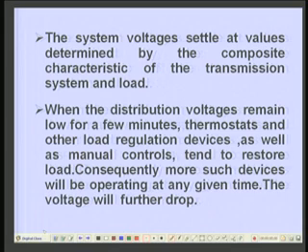The system voltage is settled at values determined by the composite characteristic of the transmission system and the load.